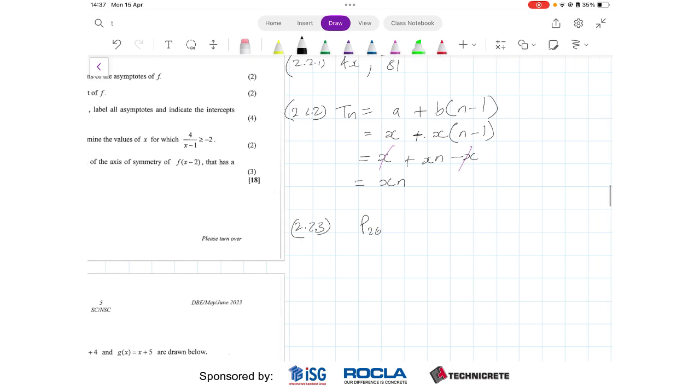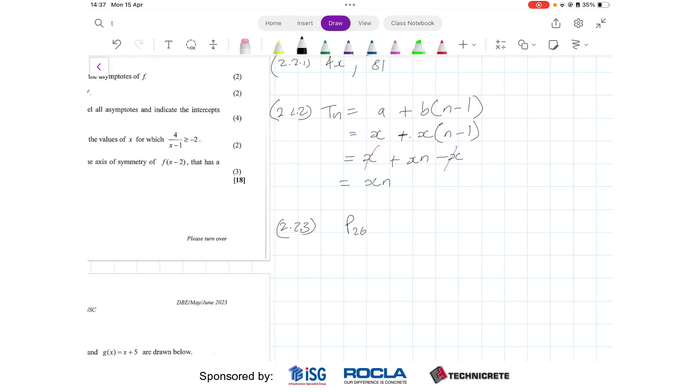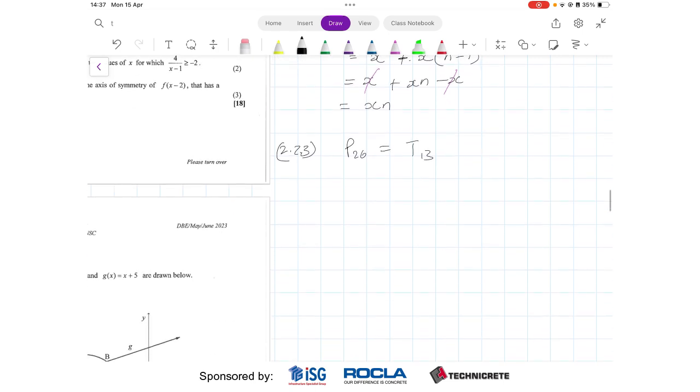P26 will be given by T13. The reason we say it's going to be given by T13 is that this is the 26th term in our original sequence, so P will be given by the 13th term of the arithmetic sequence.